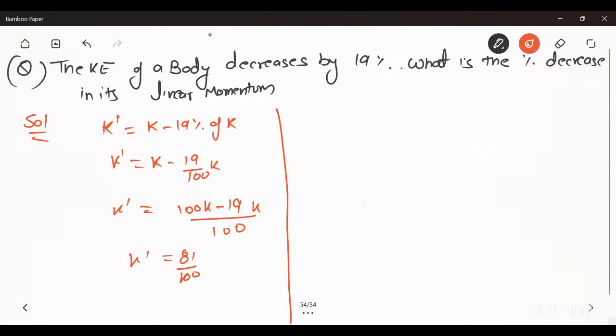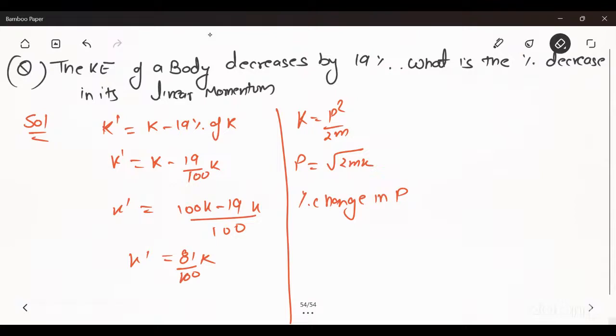We know that K is equal to P square by 2m. So P is equal to under root 2mK. That was your initial momentum. Now the new momentum will be under root 2m of K dash, and K dash is 81K upon 100.